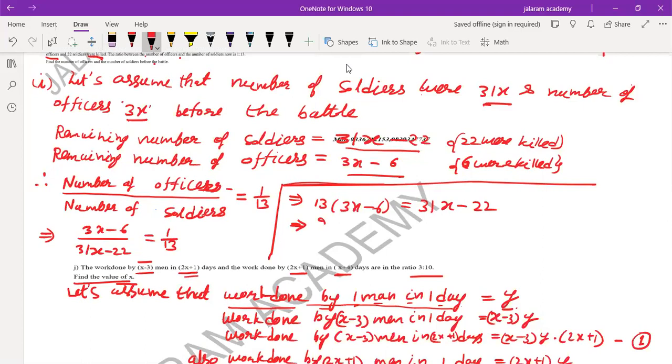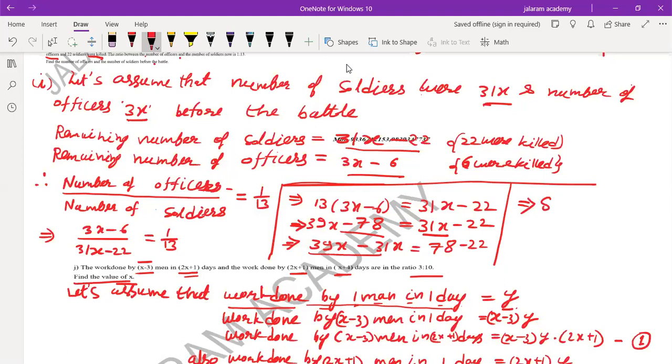Opening the bracket, 13 3s are 39x minus 13 6s are 78 equals 31x minus 22. It implies 39x minus 31x. Now we transfer this 31x to the left hand side and 78 to the right hand side: 78 minus 22. It implies 39 minus 31, 8x equals 78 minus 22, 56. It implies x equals 56 by 8 equals 7.